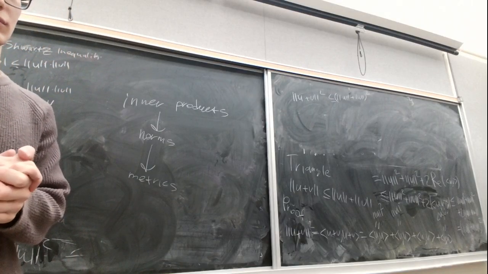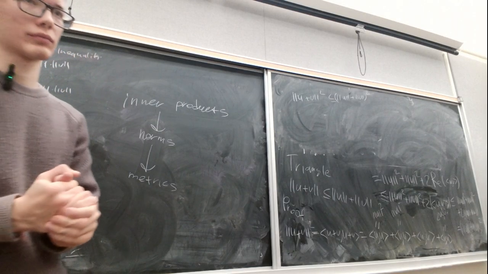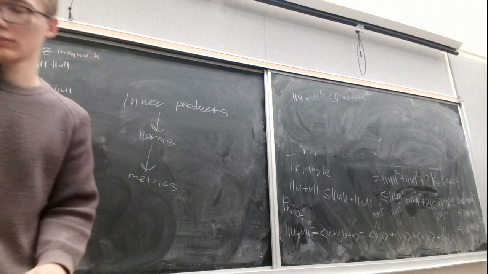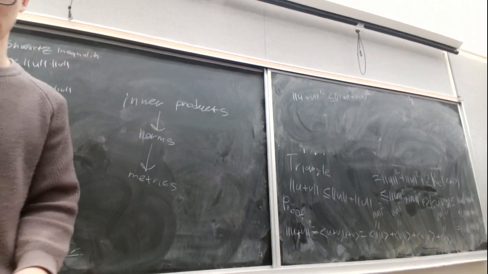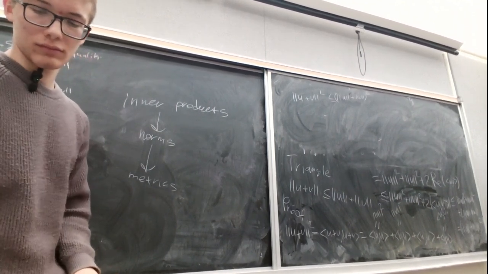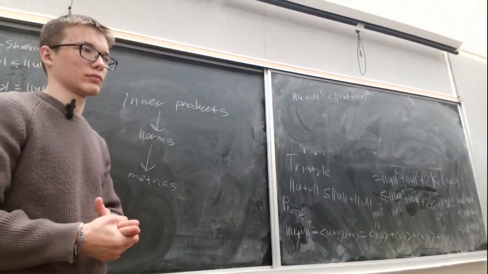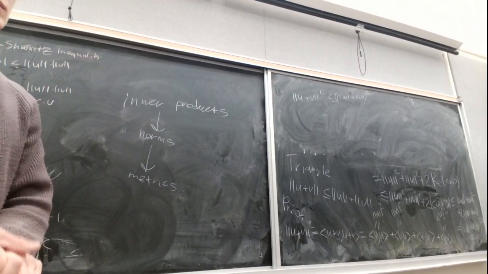A metric works nicely with what? With addition. So that's okay. But what's the other operation you have? Multiplication. Do metrics know about multiplication? No, not necessarily, right?